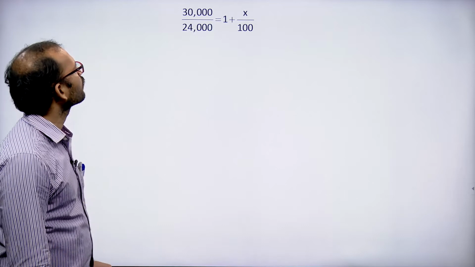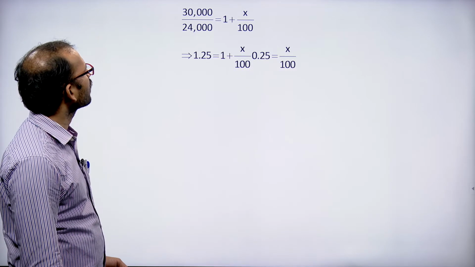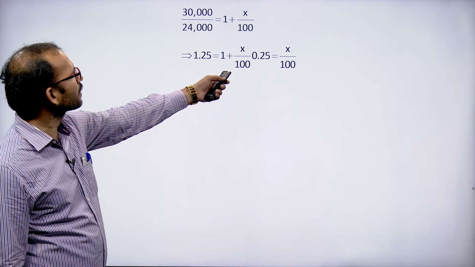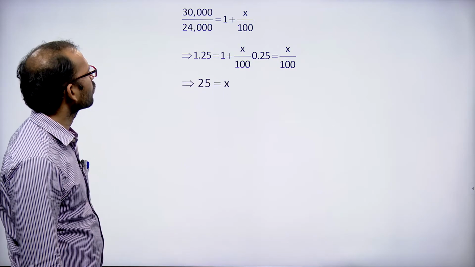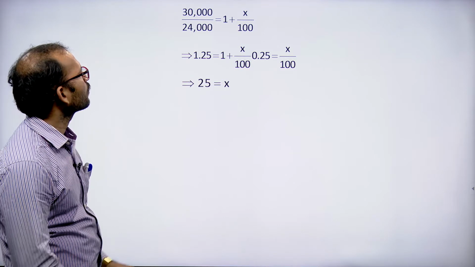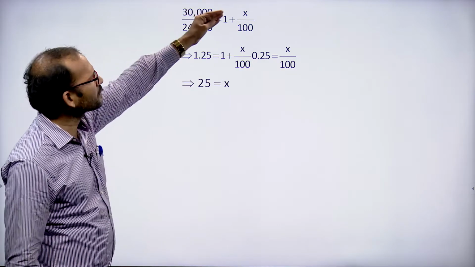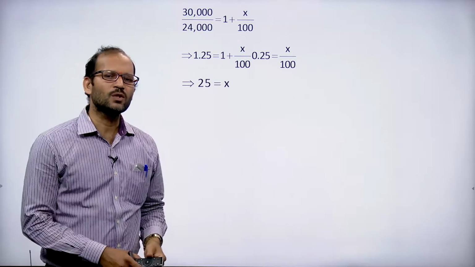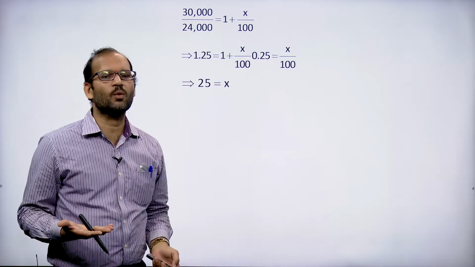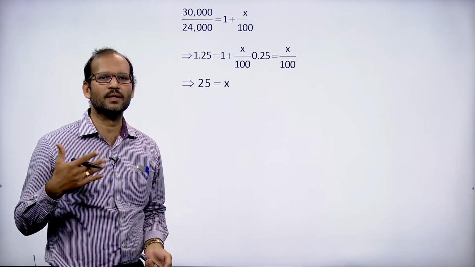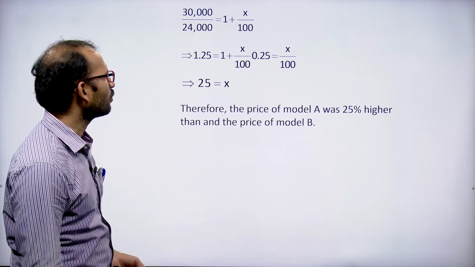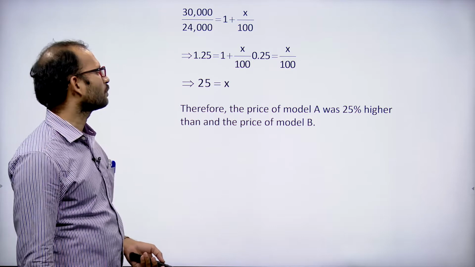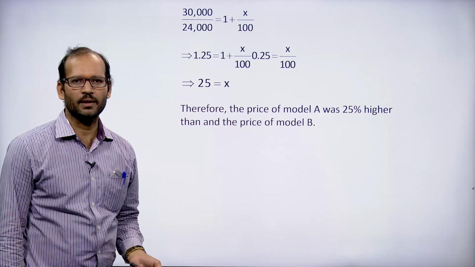So 30,000 by 24,000 equals 1 plus x by 100, which equals 1.25. Then x by 100 is 0.25, so x equals 25. We simply simplify this equation, finding x, nothing else. So initially model A was 25% more than model B. Therefore, the price of model A was 25% higher than the price of model B.